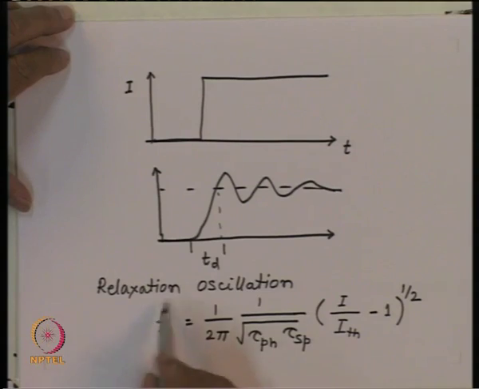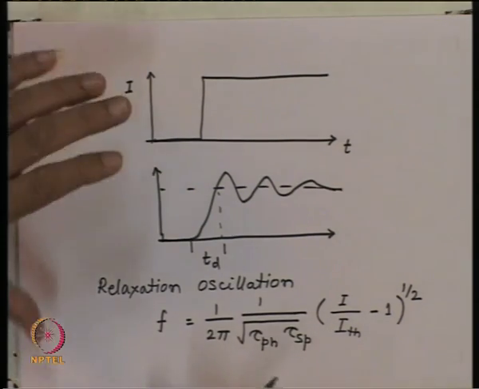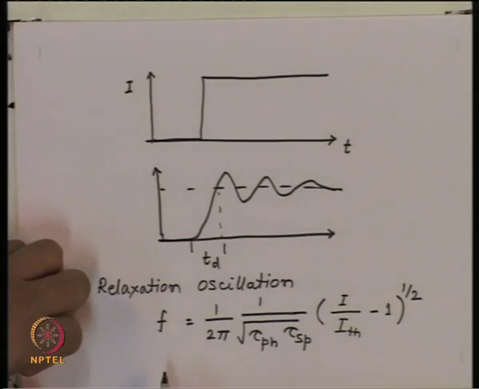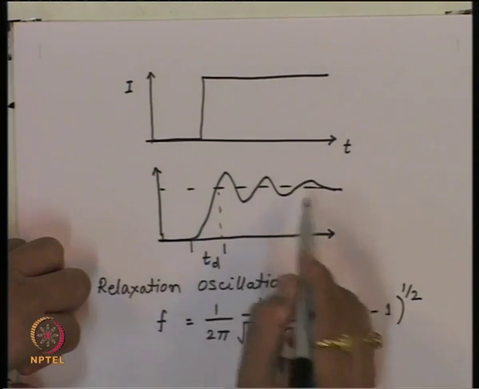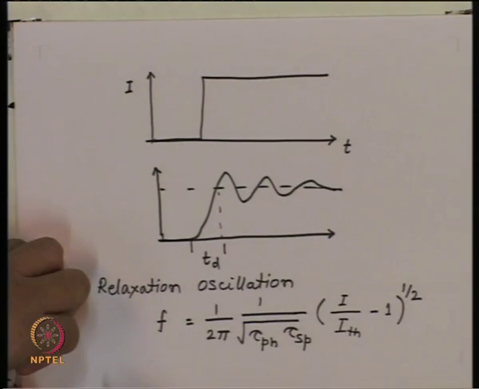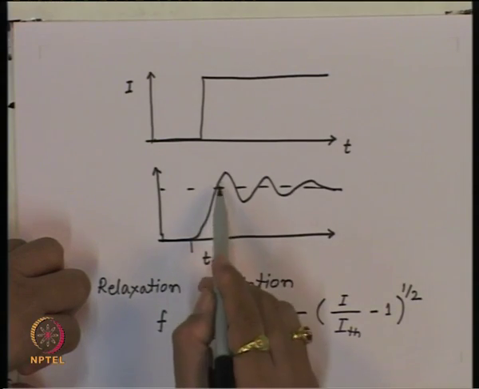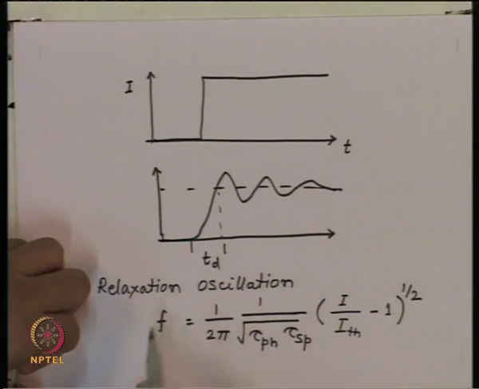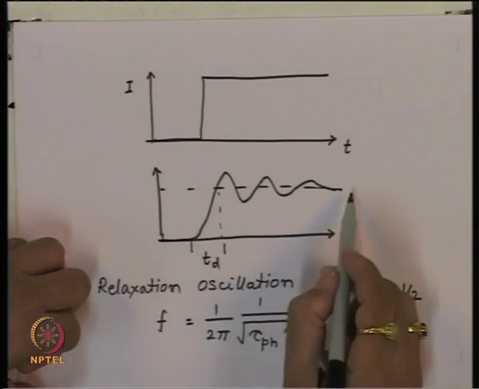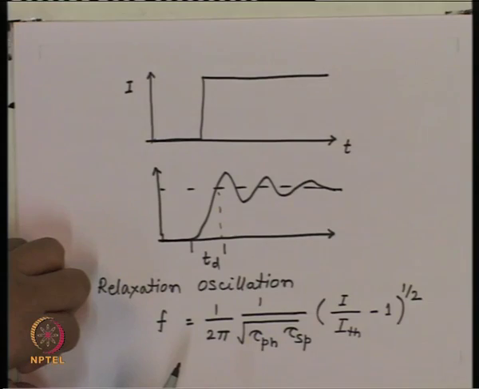So, in fact, this is the frequency beyond which essentially the laser modulation will be a problem, because it will not be able to respond properly, it will not stabilize. So, if you consider a pulse period which is much larger compared to this period of oscillation, then you will get a stable output here.